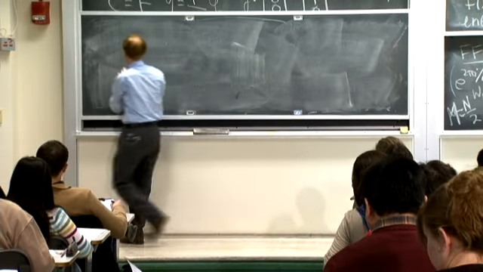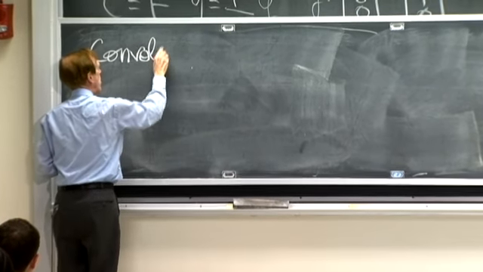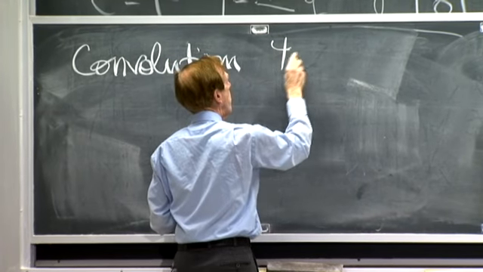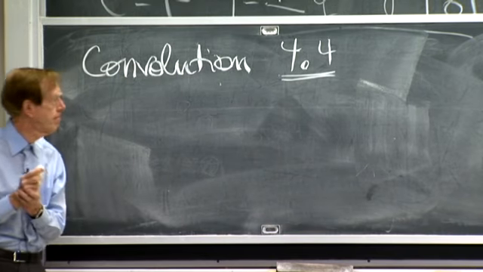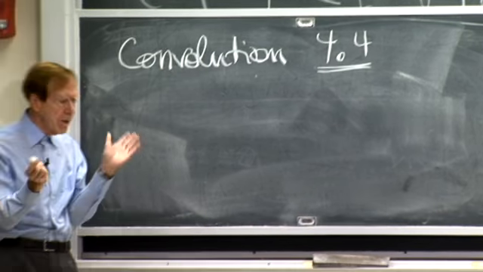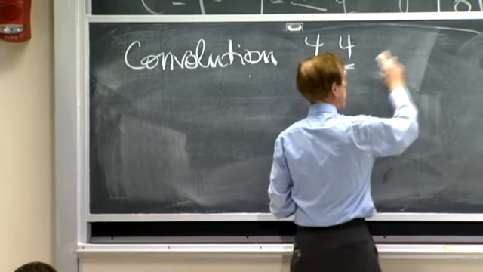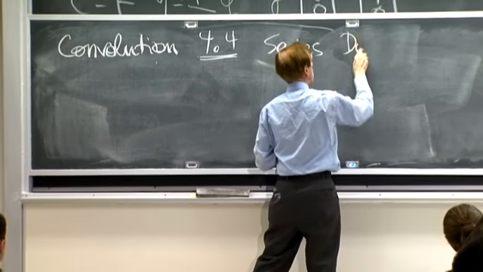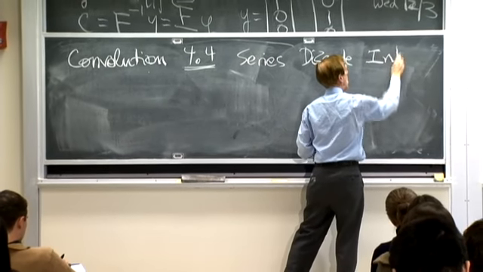So, okay, convolution. We're into the next section of the book, section 4.4 it must be. Let me do it first for Fourier series. It works for convolution of series, convolution of discrete, convolution of integrals, but we haven't got there yet.